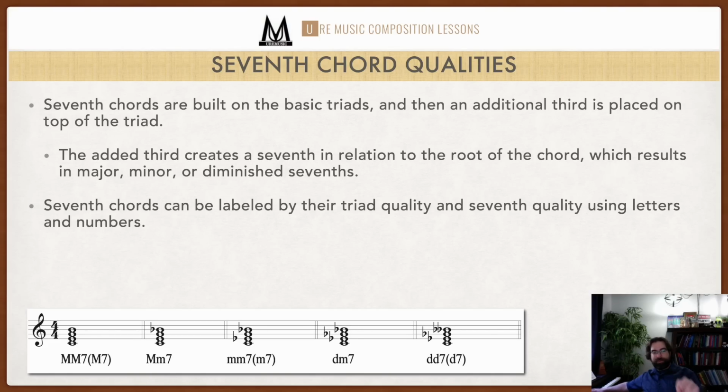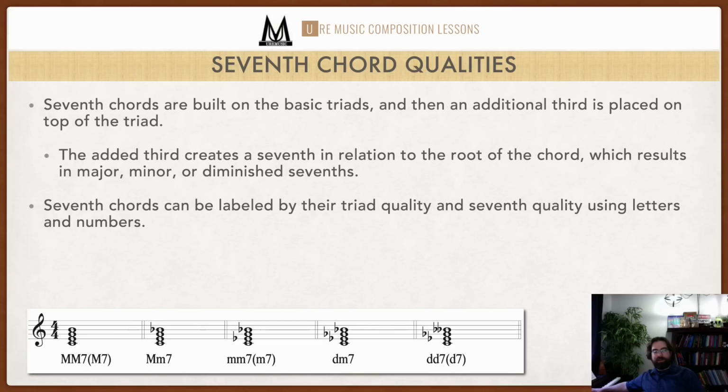So again, the 7th is staying the same as the minor 7th and the dominant 7th, but the triad has been turned into a diminished triad, which gives us a diminished sound. We can also call this one half diminished, and we tend to write it with a circle, like a degree symbol, with a slash through it.